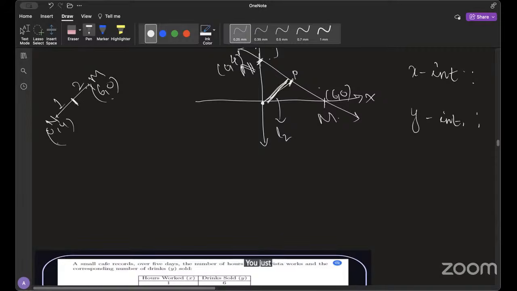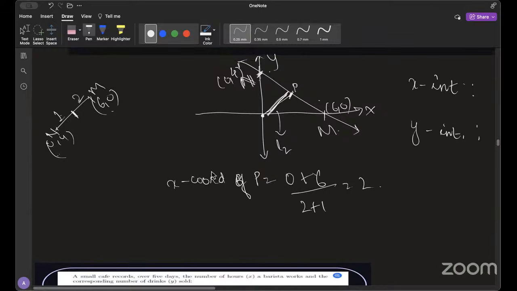You just have to cross multiply for the x coordinate of the point of intersection. So the x coordinate of P is 2 into 0, which gives you 0, plus 1 into 6, which gives you 6, by 2 plus 1, 3. So this is going to be 2.